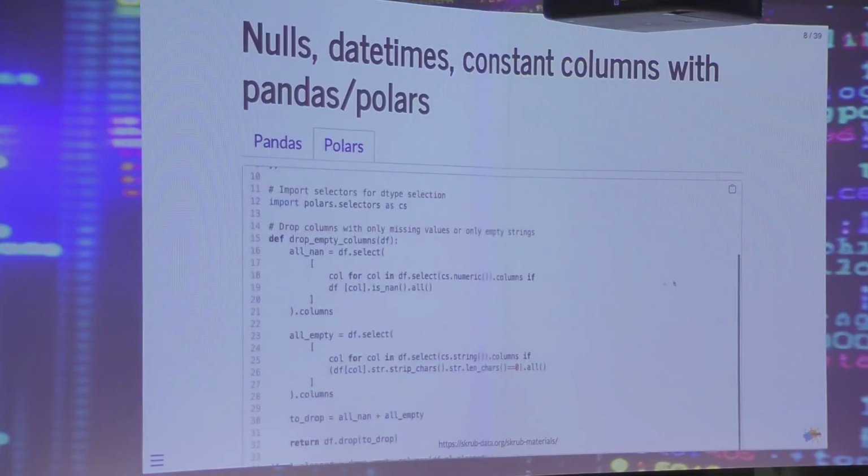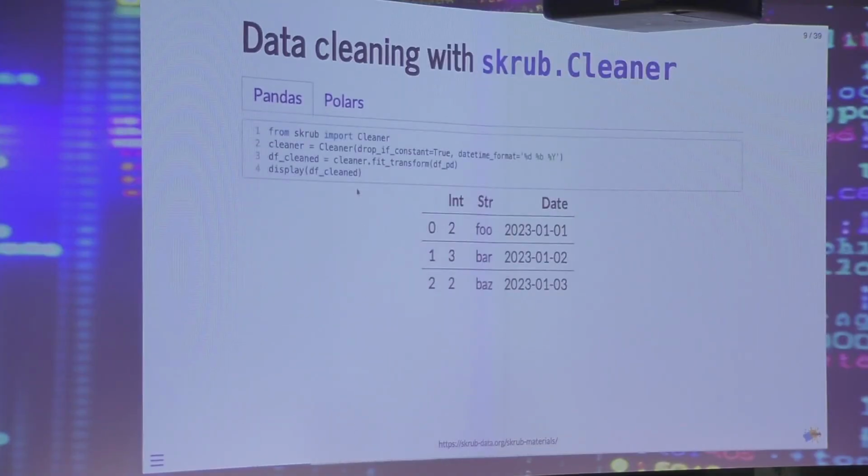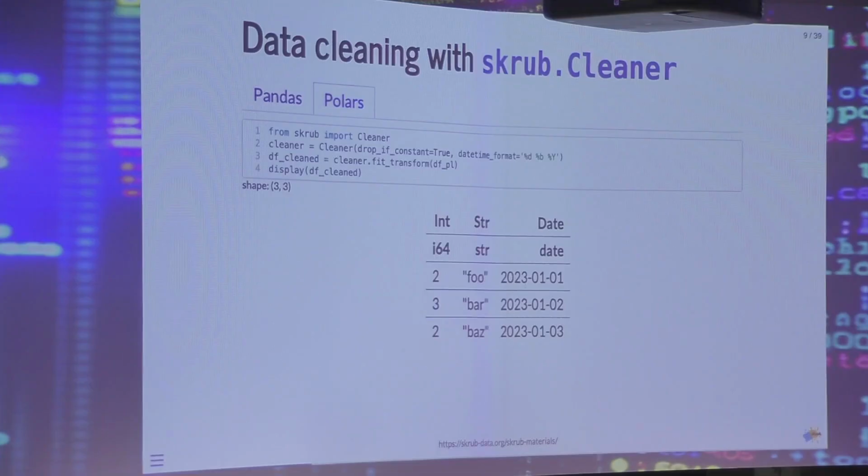With polars, this is what you have to do. And with Skrub, this is what you have to do. So basically, with the cleaner, we are saving all of that effort because all the coding needed to select the good columns and drop the useless ones is done for you. Also, here I am parsing the date as a datetime, even though I had that weird format from before.